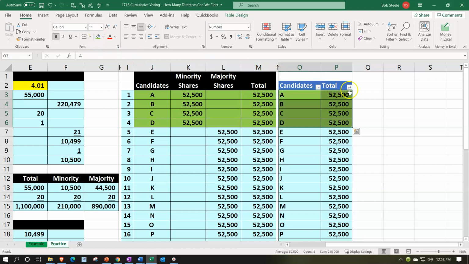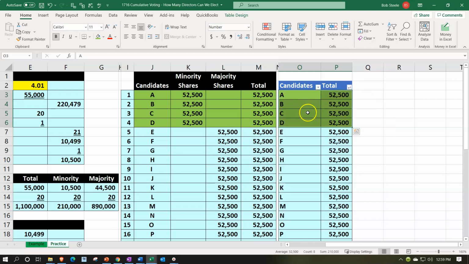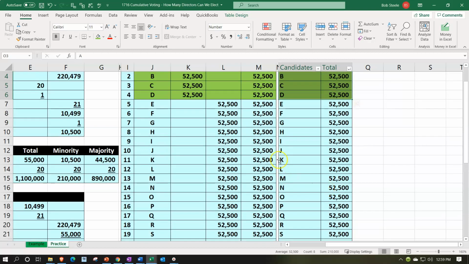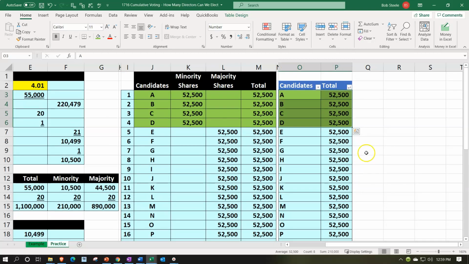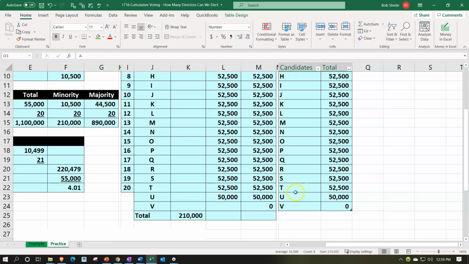If I was to sort this and see who won, say, okay, let's sort it from Z to A, then these people are still on top here, of course, because we had a tie for all of these and they couldn't kick us out. In this situation, it would be kind of funny because all of these are still within the top 20 and they all have exactly the same votes.